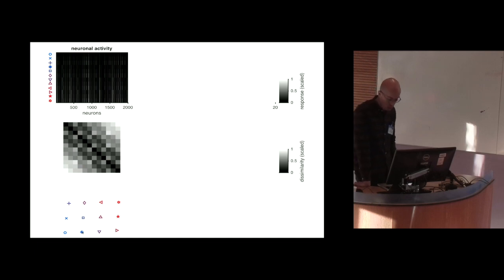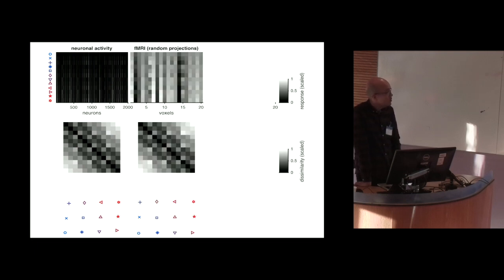So if we took those 2,000 neurons and we just took random projections and we constructed 20 fMRI voxels, it turns out that you get almost exactly the same distance matrix by analyzing the distances among the 20 voxels, and the MDS solution, of course, is the same as well.